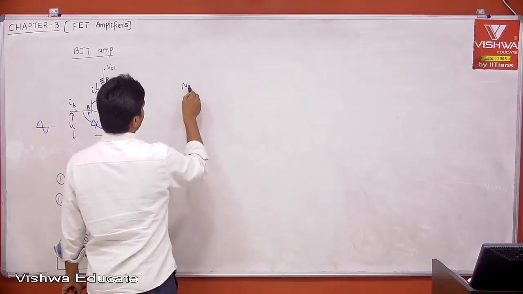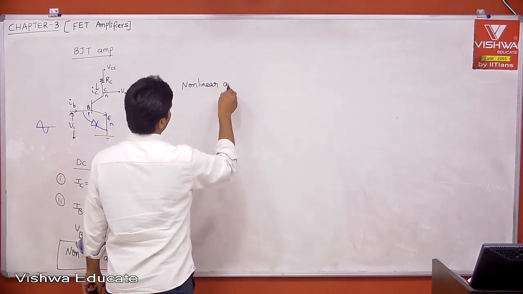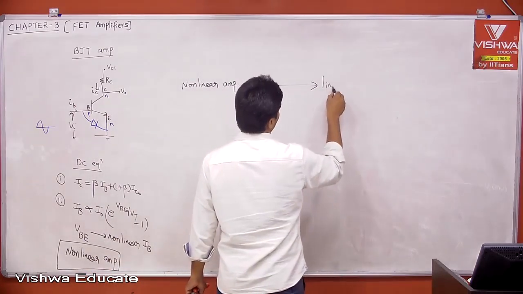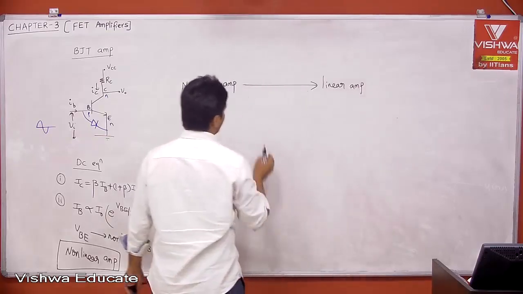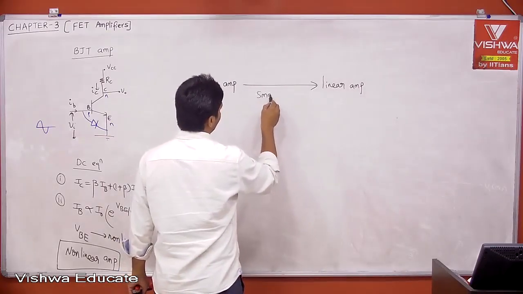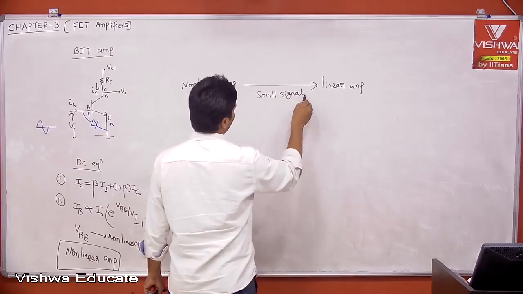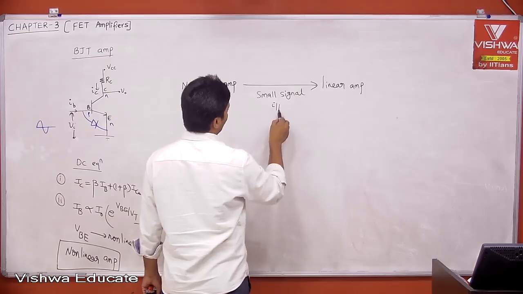A non-linear amplifier can be converted into a linear amplifier by small signal input. That's why, whether it is BJT or MOSFET, we call this small signal analysis, or applying a small signal input.